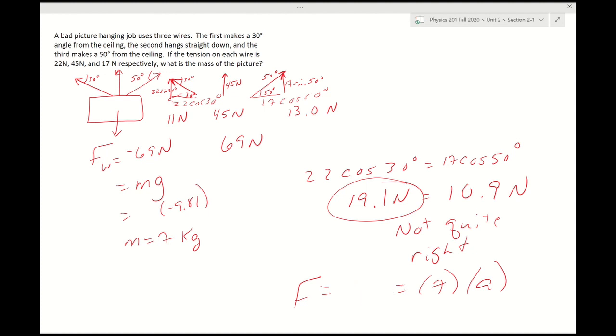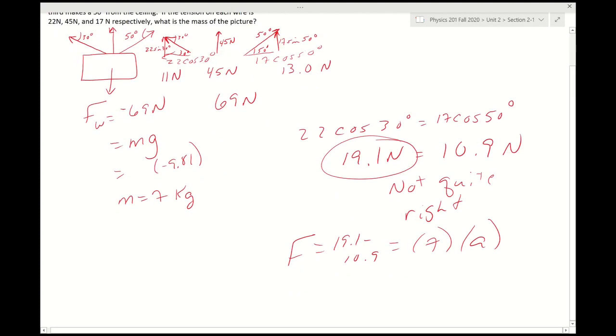So in fact, this picture should be accelerating at about 1.16 meters per second squared. I'm going to put a negative on that because it's to the left. As I said, it was a bad picture hanging job.